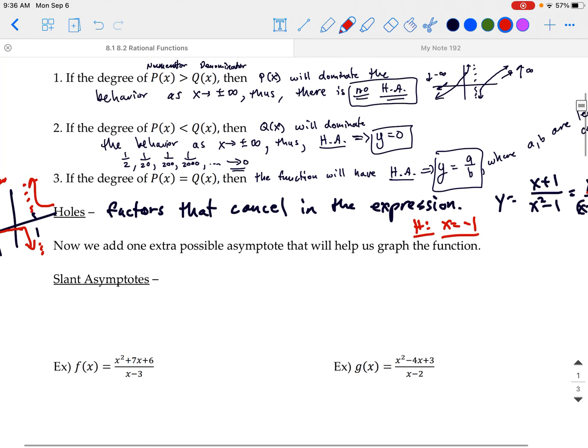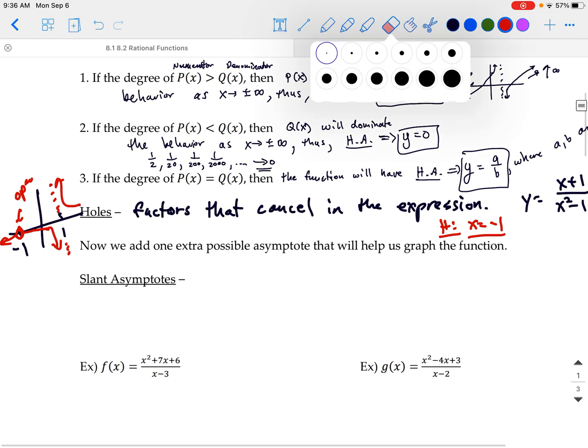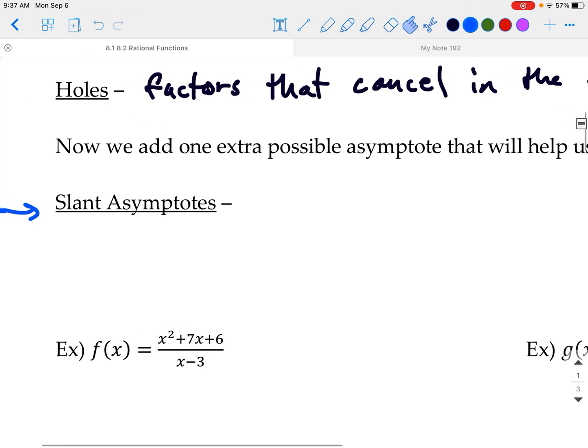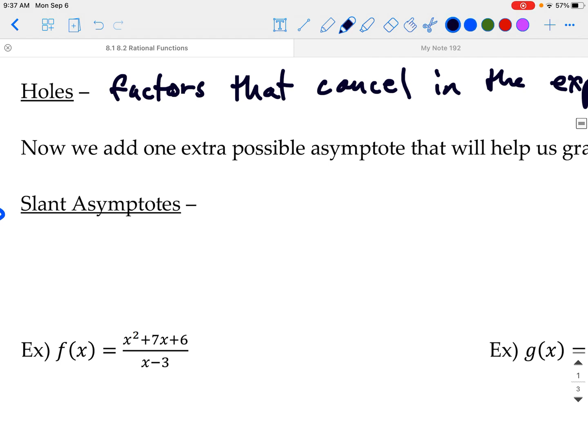So now there's one extra possibility, and that is going to come from example number 1. So if we are in the case where P is greater than Q, then that means we have some type of slant asymptote. So we'll note this is if the degree of P of x is greater than Q of x by exactly 1 degree.